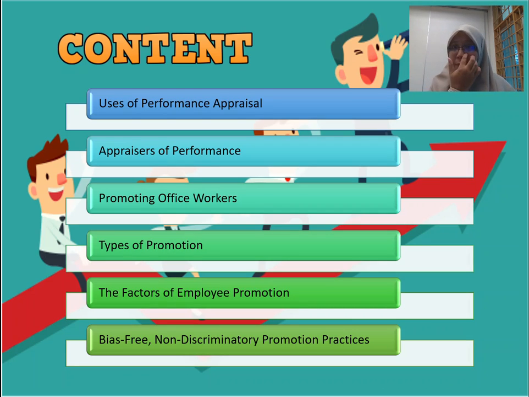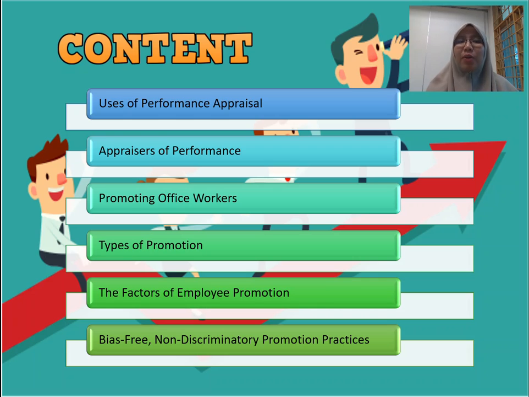What we are going to learn for this topic is, number 1, the uses of performance appraisal itself, and then number 2, the appraisers of the performance. Next is promoting office workers. Number 4 is types of promotion, the next one is the factors of employee promotion, and lastly is bias-free, non-discriminatory promotion practices.